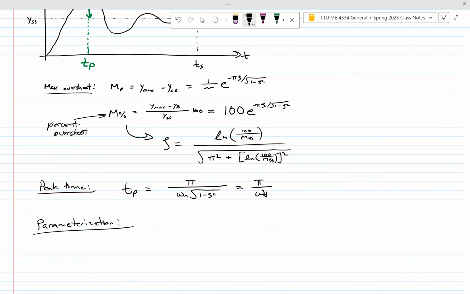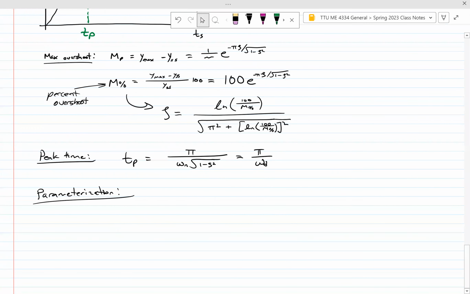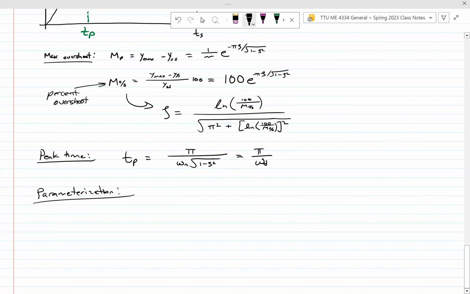Now let's say instead we have a very, very simple robot that's modeled as a second order system. We're going to assume the form where we have no zeros, only poles. Let's say it's a little robot car or something like that.